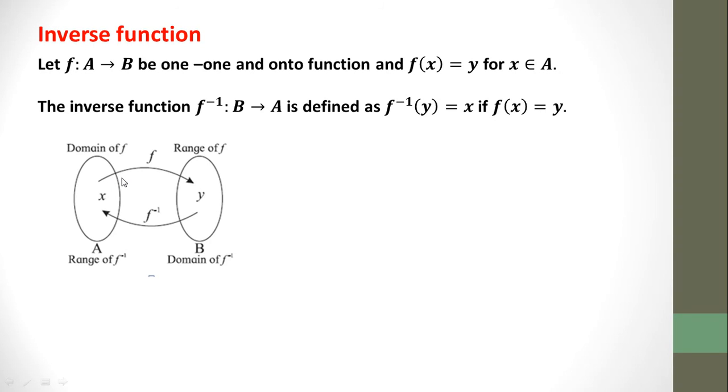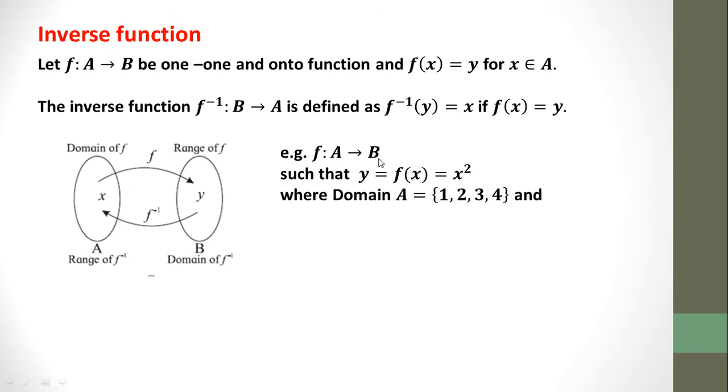Okay, now let us take one example. Suppose f from A to B is given as y is equal to f of x is equal to x square. To define this function, we have to define the set A and set B. Suppose domain set A contains 4 elements, 1, 2, 3, 4, and codomain B contains 1, 4, 9, 16, only 4 elements.